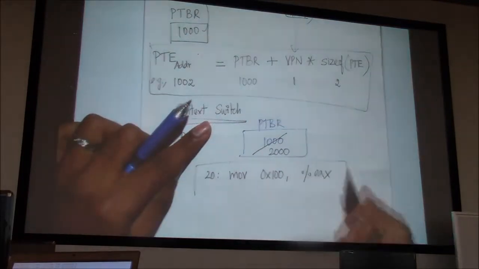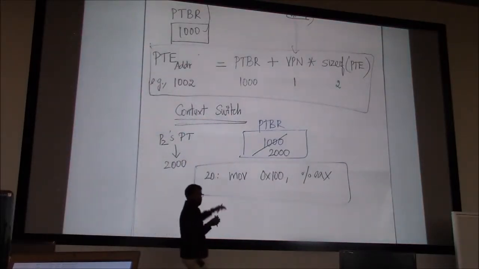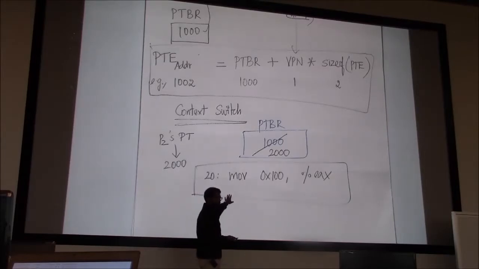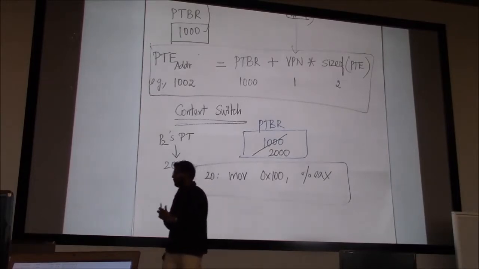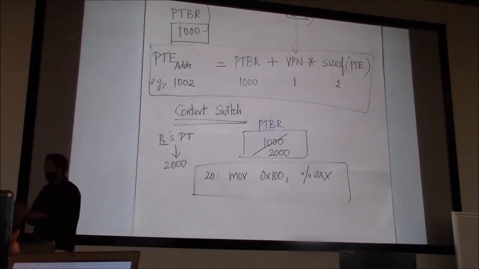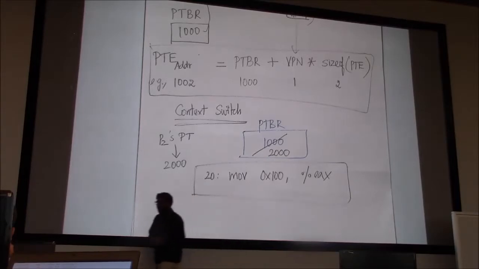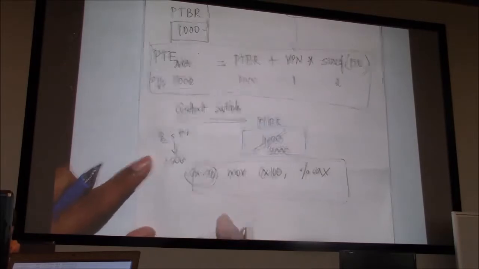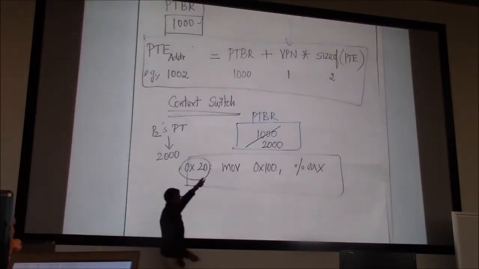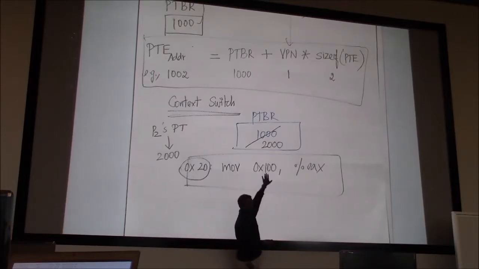If you remember, we started last class by asking how many physical memory accesses are required for this particular instruction. At the time we were not considering paging, and we said it was 2 memory accesses. There was 1 memory access needed to fetch this particular instruction at 0x20, for simplicity assuming both to be in hexadecimal, and then the second memory access was to get the data from this particular address.